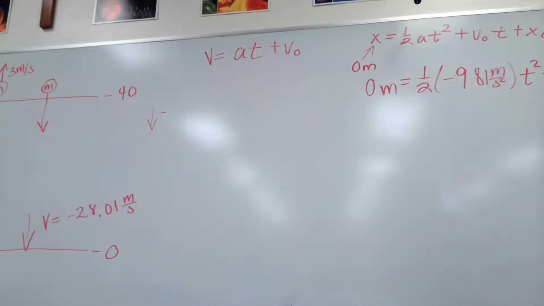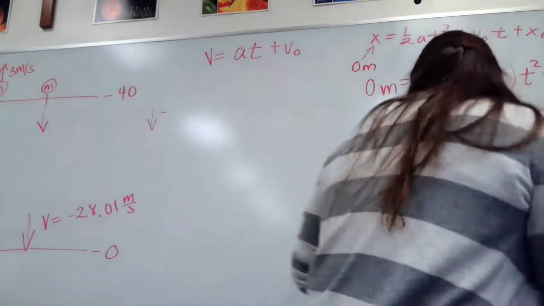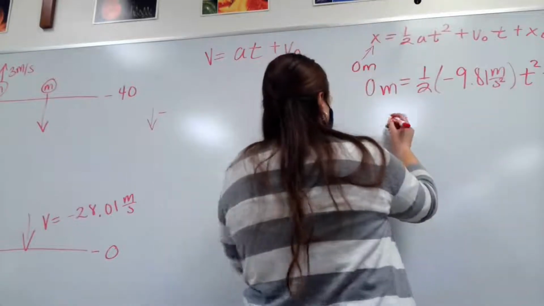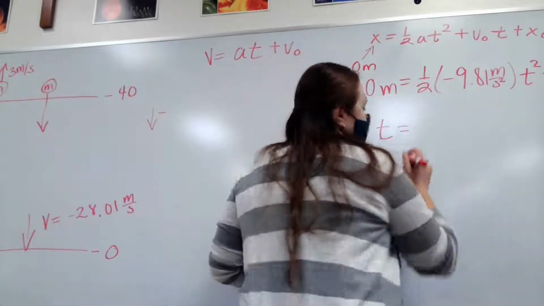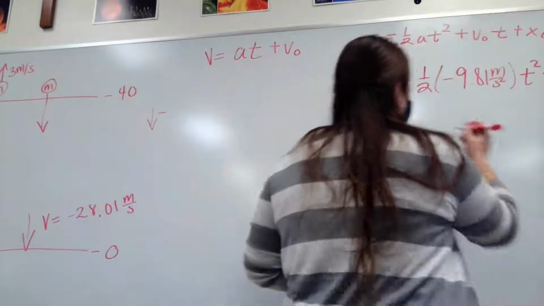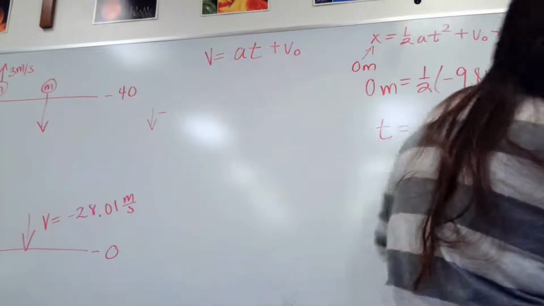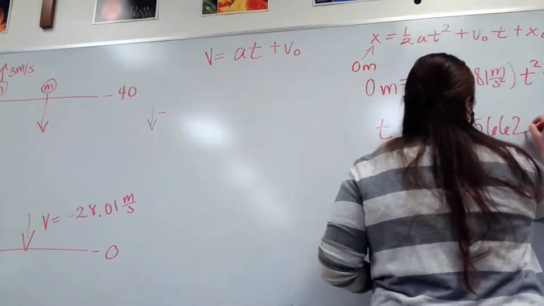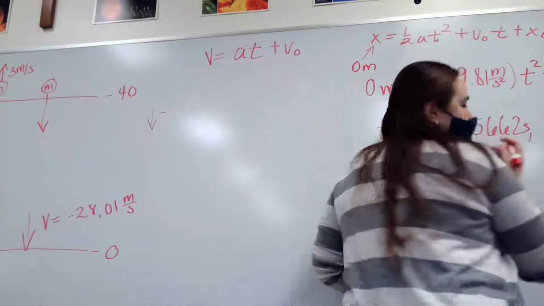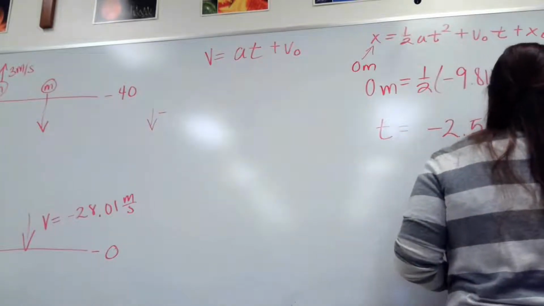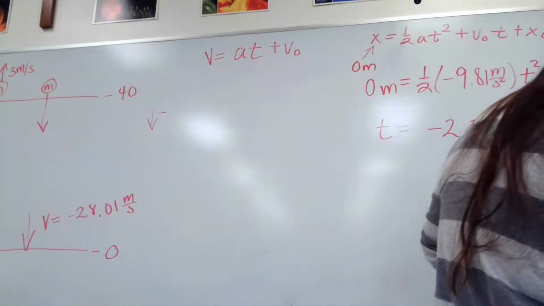Okay, so we get 2 roots, as you would expect from an equation like this. We get t can equal negative 2.5662 seconds, or 3.17782.